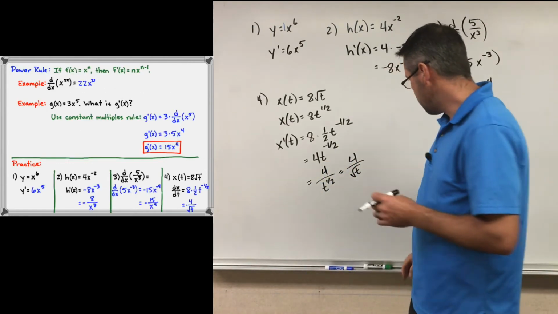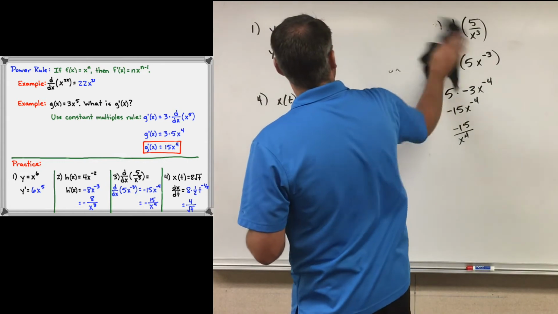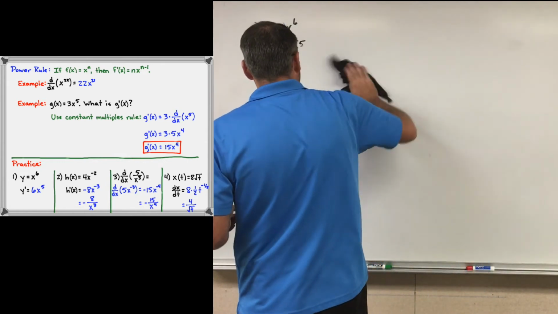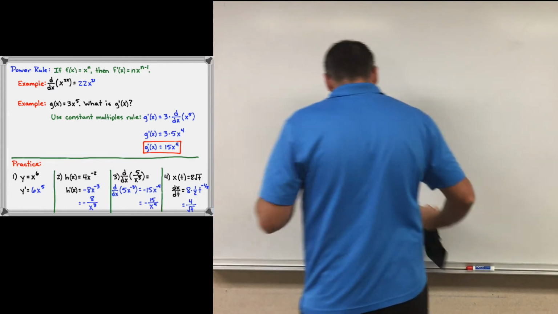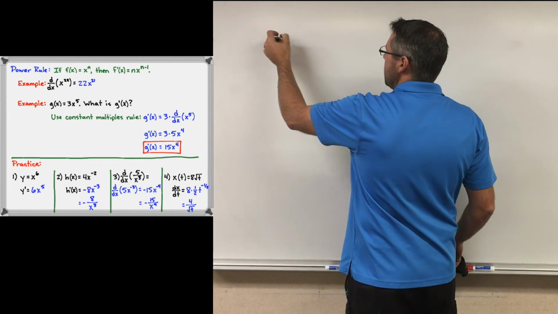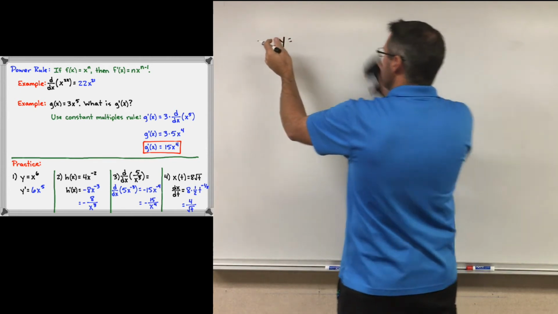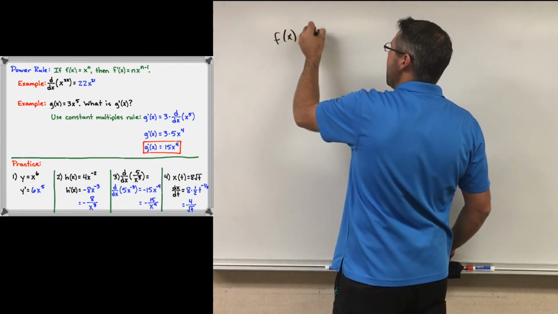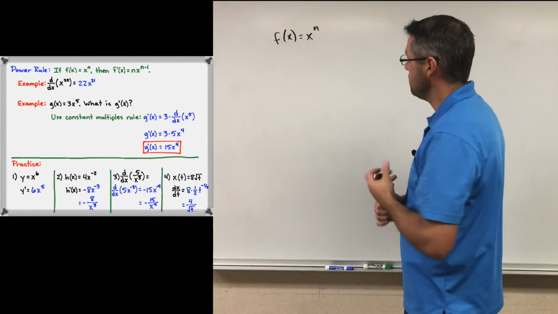Now, as far as the proof goes, this proof gets kind of wonky, because when we're talking about a polynomial expression, we could have, let me use a function, f of x equal x to the n, where n is a numeric value, okay?